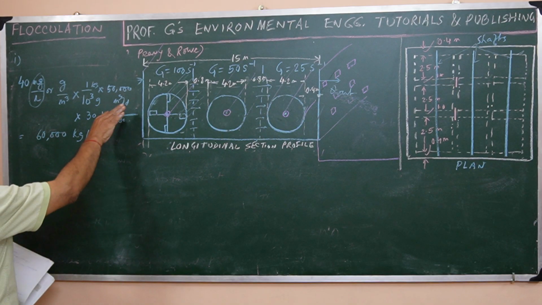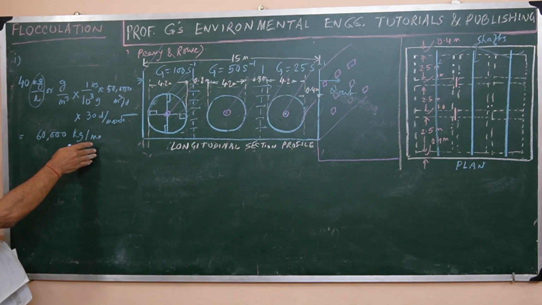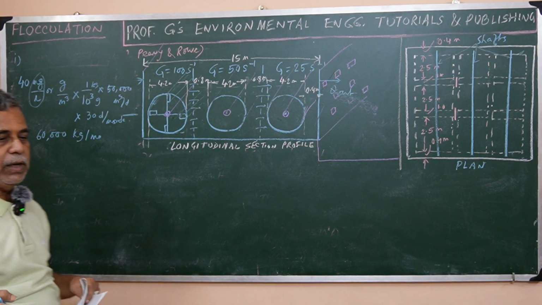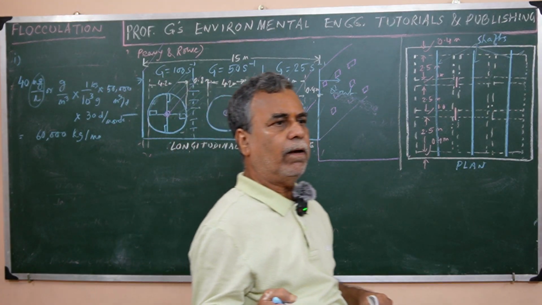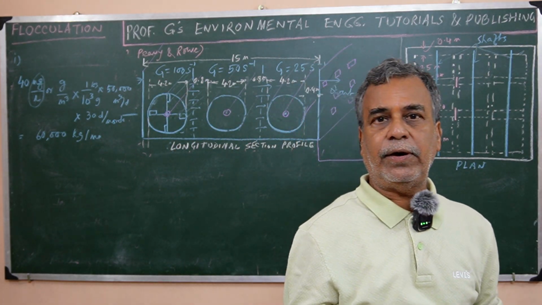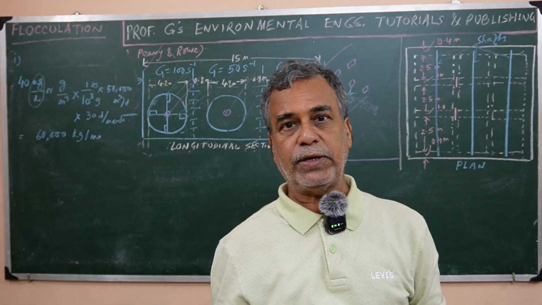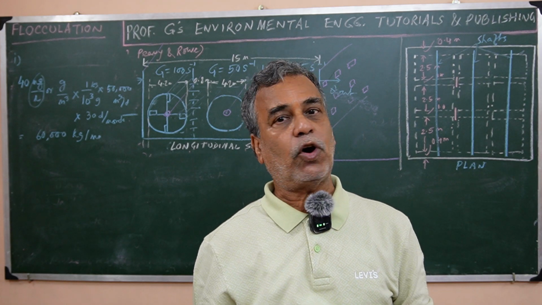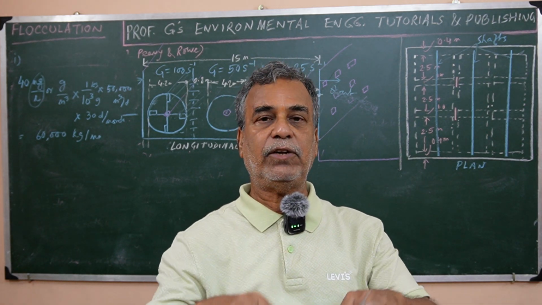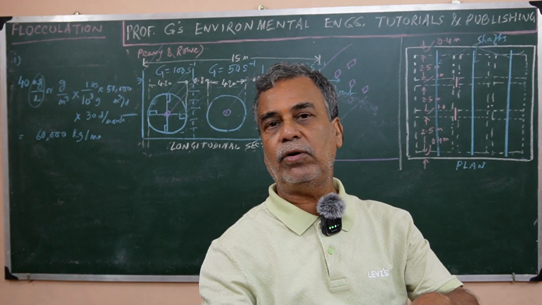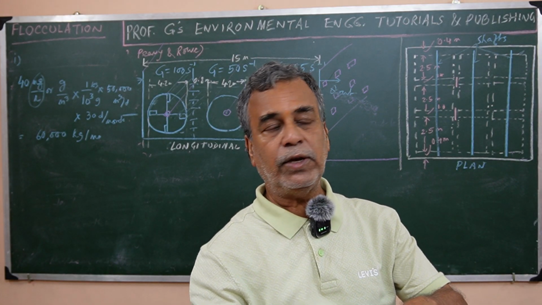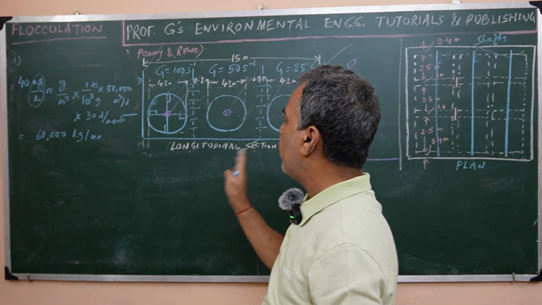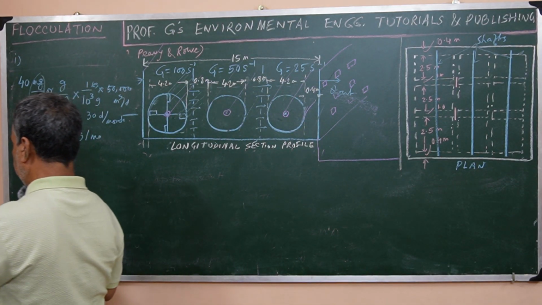Okay, so this is very straightforward, just one-step calculations, but that will permit the engineers as well as the operators operating the plant to have a 1 month stock of alum, so that you can operate the plant without any alum shortage also.